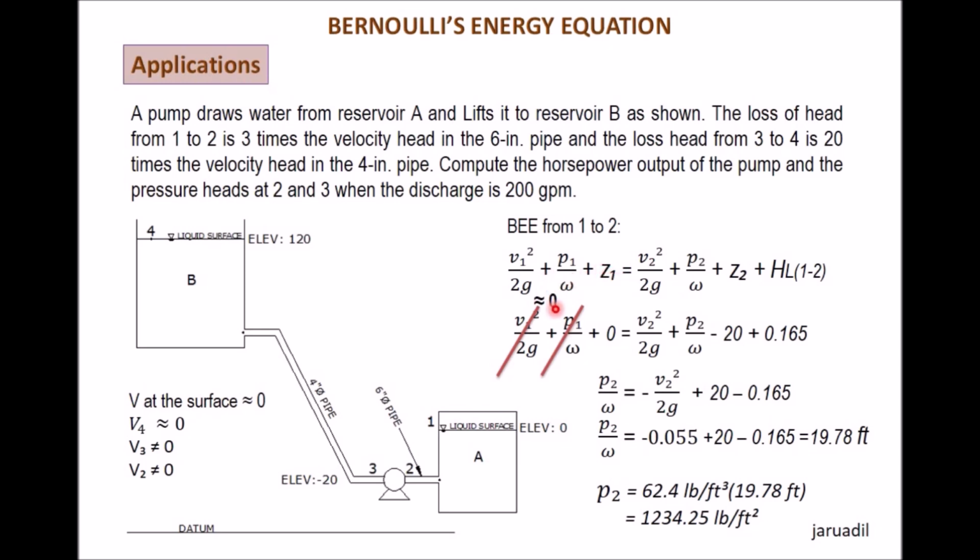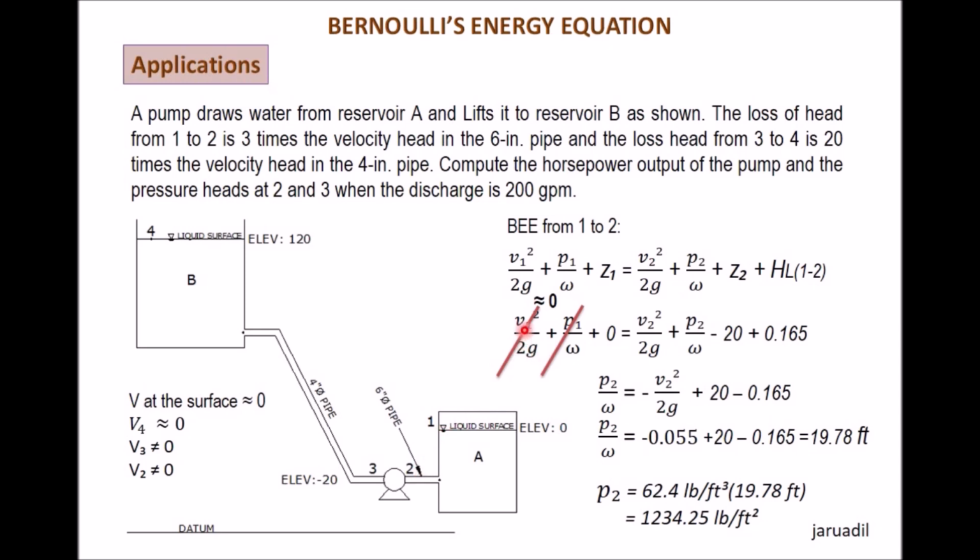Tatlo lang yung term dito, the velocity, the pressure, and the elevation head. Now at point 2, we have V2 squared over 2g, then the pressure head P2 over omega plus the elevation head at 2 plus the head loss 1 to 2.